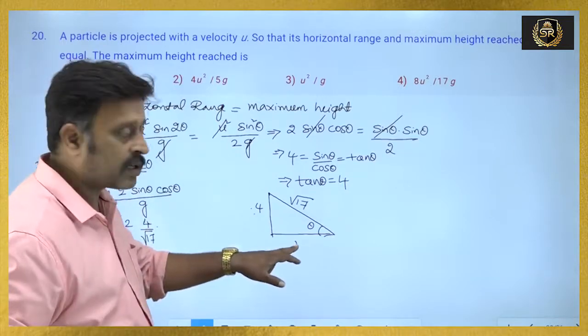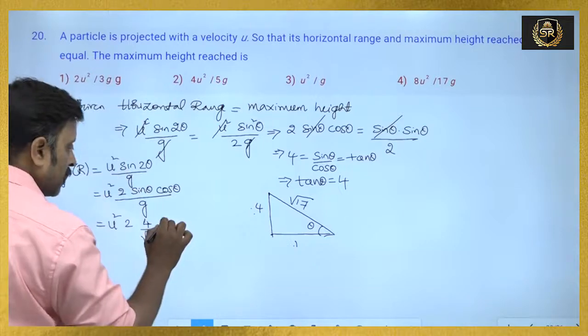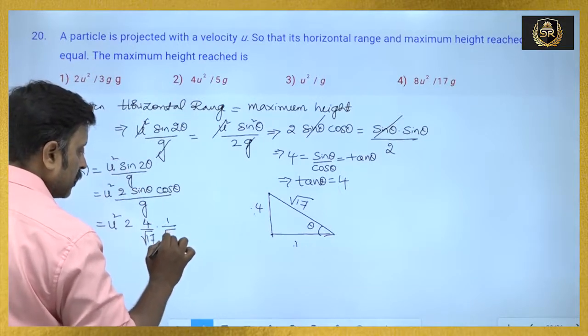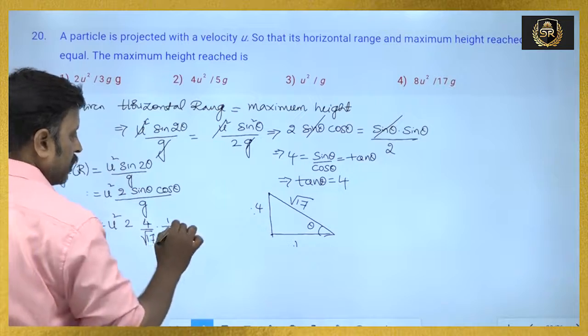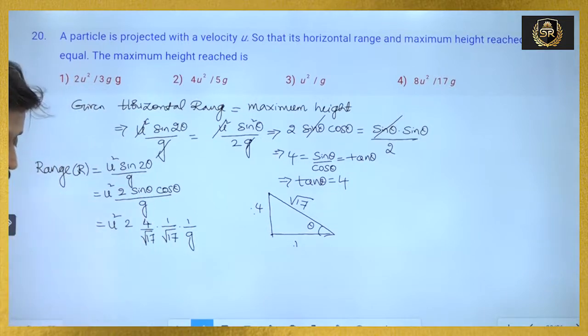Into cos theta. Cos function is adjacent by hypotenuse. Adjacent side is 1. Hypotenuse is root 17. Okay, by g, right?